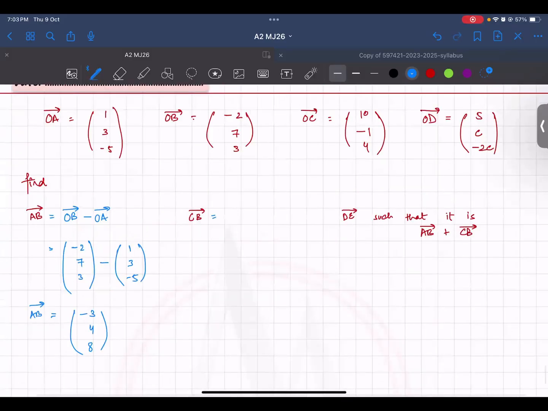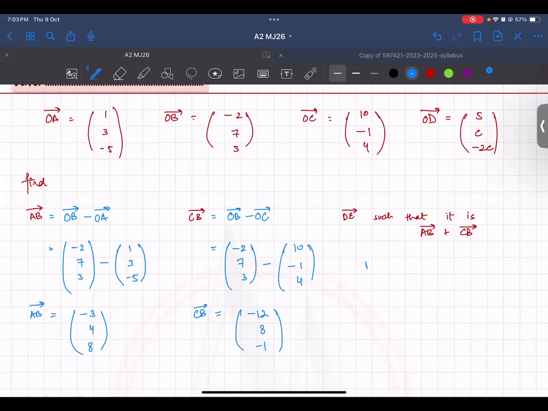Similarly, if you have CB, if you open it up in terms of position vectors, it would be OB minus OC. So OB, you write it down, -2, 7, 3, minus 10, -1, 4. So -2 minus 10 is -12, 7 minus -1 is 8, 3 minus 4 is -1. This is your CB.